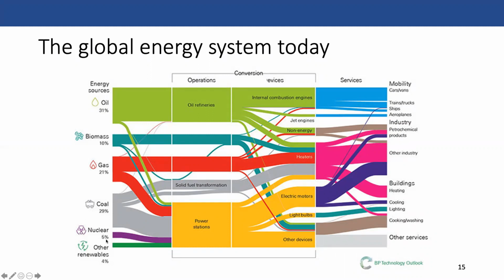So that constitutes a little bit less than 10% total. And when we think about fossil fuels, coal, gas, oil, these three together are providing a little more than 80%, about 80% of all the energy that we need.